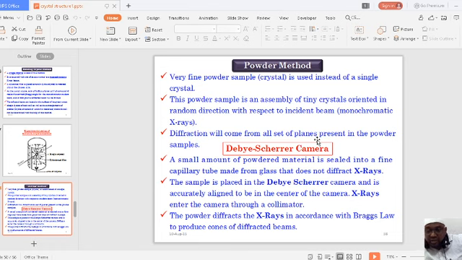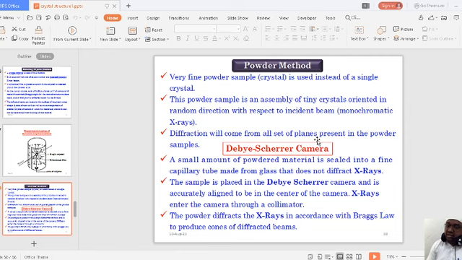This is the powder method. These are the primary things needed to proceed further to understand the crystal structure and the properties of the crystal. So we are starting with just the three important points of the powder method. Apart from this, what do we require?